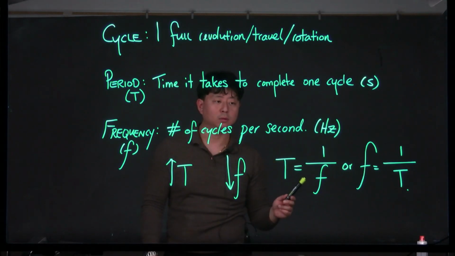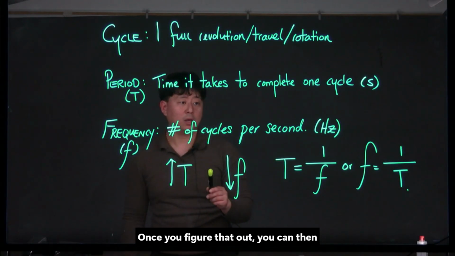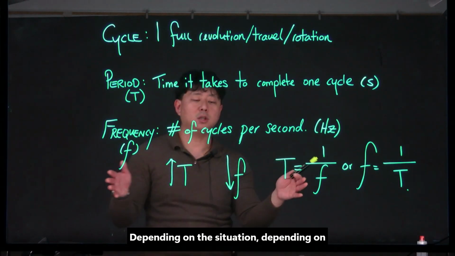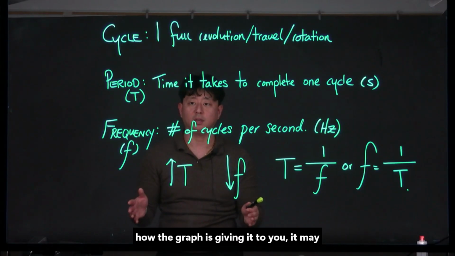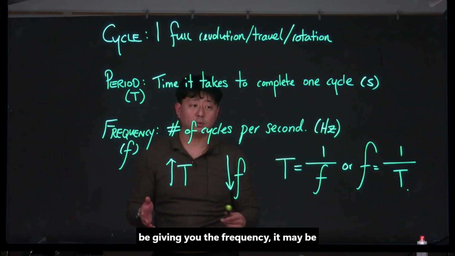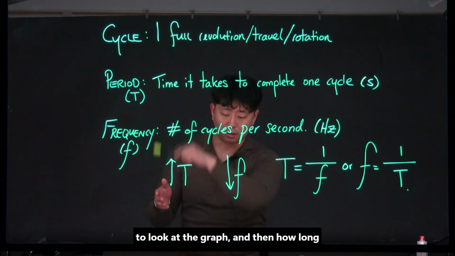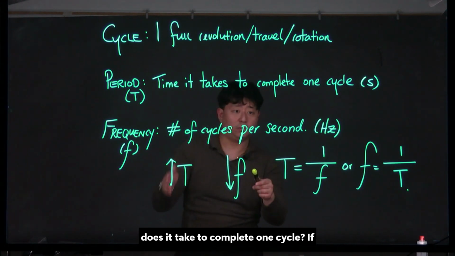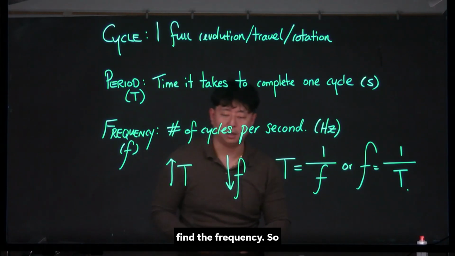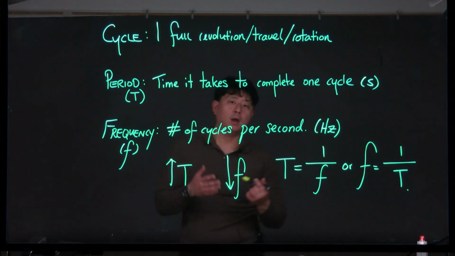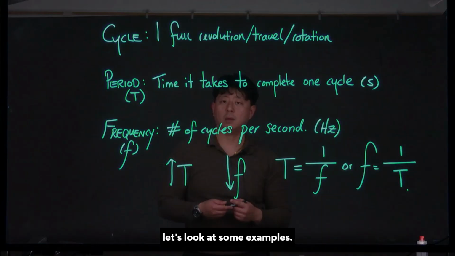Where is my cycle? Once you figure that out, depending on how the graph is giving it to you, it may be giving you the frequency, it may be giving you a period, right? You're going to have to look at the graph, and then how long does it take to complete one cycle? If you know the period, you can definitely find the frequency. So let's look at some examples.